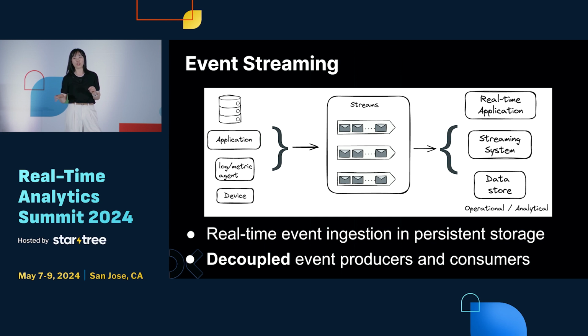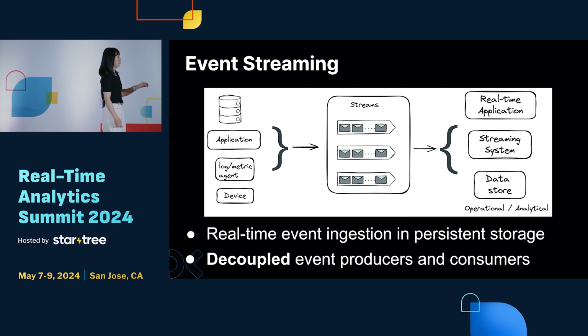It's usually a message queue, so you can put the events into a persistent event queue, and this also allows decoupled event consumers to consume those events in real time, but in a decoupled way.